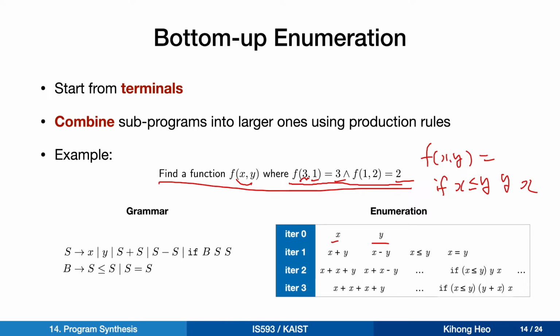In this case, it combines the smaller programs to make larger programs using the production rules in the grammar. For example, using x and y, we can make x plus y, x minus y, like this. And also these comparison expressions.